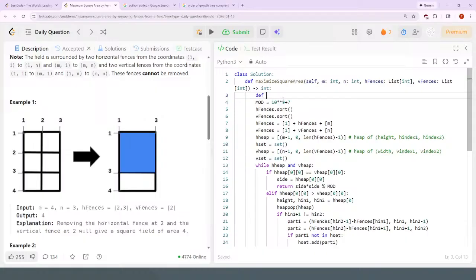Define kind of process heap, I guess. I don't think I use a variable called heap. Use HP for heap.